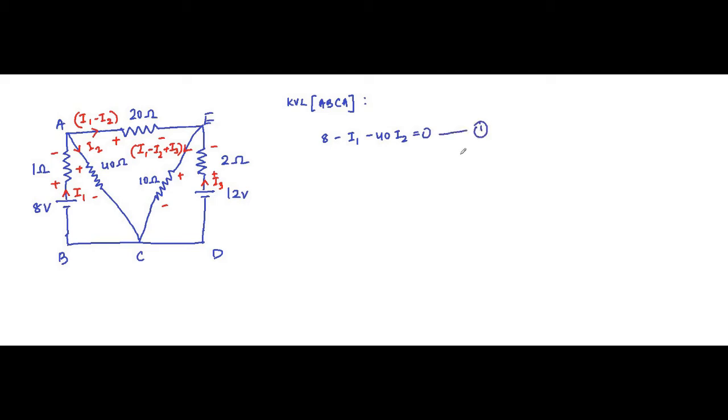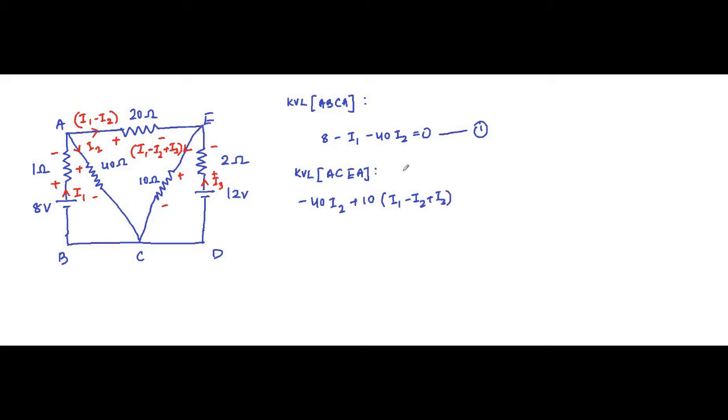Then let us apply KVL in this middle loop ACEA. So that will be minus 40 I2 plus 10 into I1 minus I2 plus I3, plus because we are moving from minus to plus.